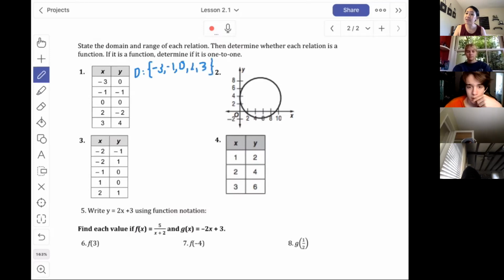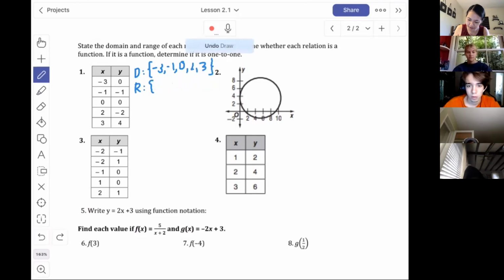If there are any repeating numbers, you don't have to write the number twice. You just write each number one time. For the range, I have a 0, a -1, a -2, and a 4. Actually, I should put that in order. Sorry, guys.